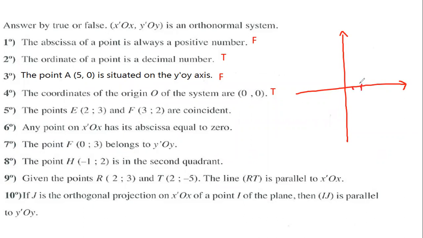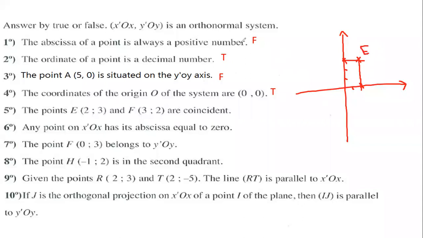This is abscissa 2. What is the ordinate of E? 3. I said yesterday, we draw a vertical line parallel to the y-axis and a horizontal line, and where they intersect I get point E. This is point E, right?